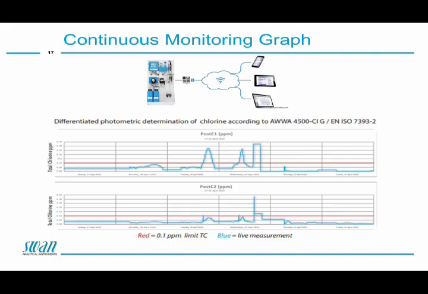This is because, like I was saying, sometimes there's slugs of chlorine going through, not necessarily continuous. I'm talking now from the water treatment plant. There's slugs that sometimes go through. So what's happened here is on the first day, it's after carbon 1, it's gone up, but after carbon 2, it's been okay.